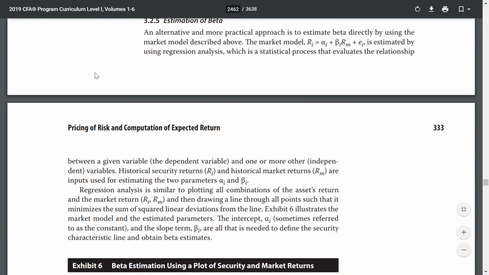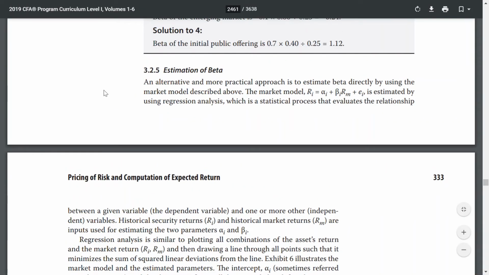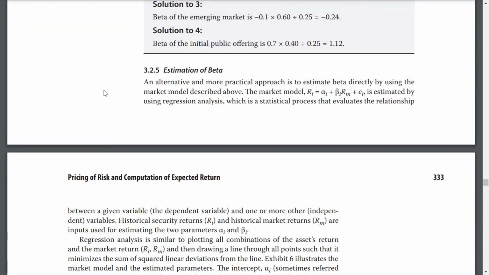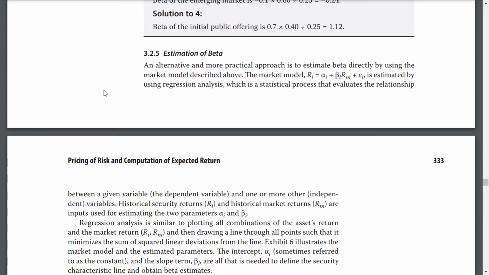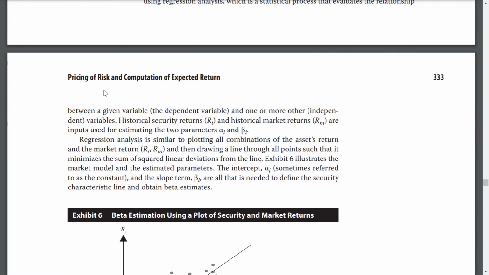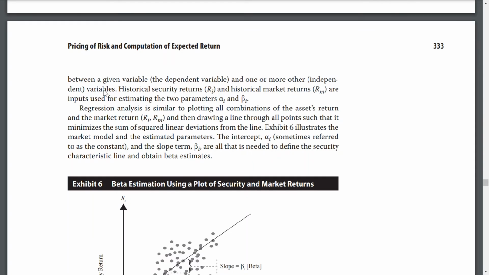Estimation of beta. An alternative, more practical approach is to estimate beta directly by using the market model described above. The market model is estimated by using regression analysis, which is the statistical process that evaluates the relationship between a given variable and one or more other variables.